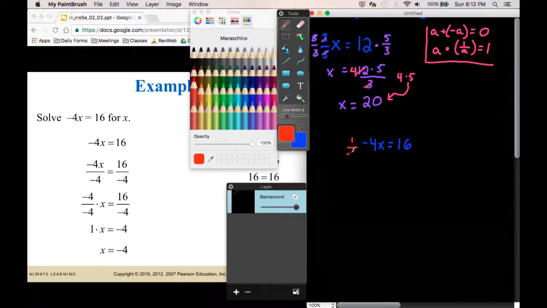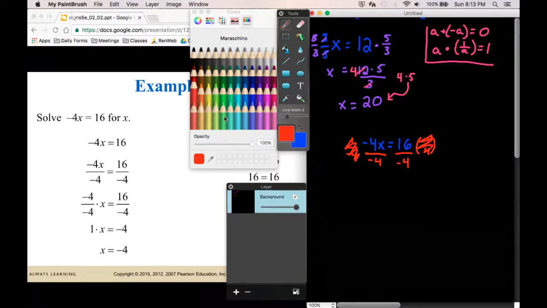So if your brain thinks better doing this, you can do this. Same thing. My brain does better if I do this and just get rid of that. That works better for my brain. It's completely up to you.